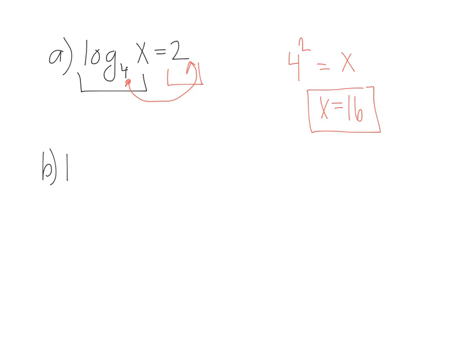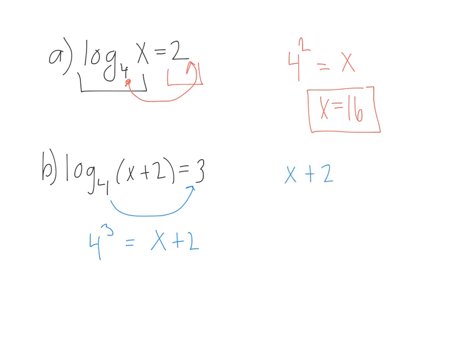So we have here log base 4 of x plus 2 equals 3. So using that same process, I'm going to hook that around and we have 4 cubed equals x plus 2. So x plus 2 equals 64.